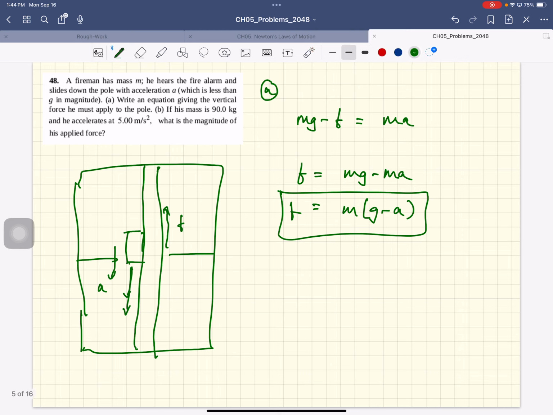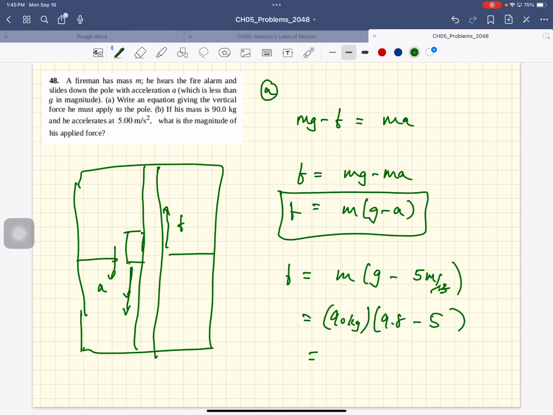So what is the magnitude of the applied force? What is this force? Mass times g minus 5 meters per second squared. And again, you can put in the numbers: 90 kg times 9.8 minus 5.